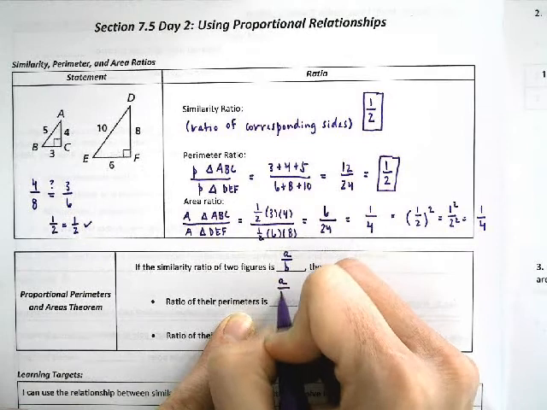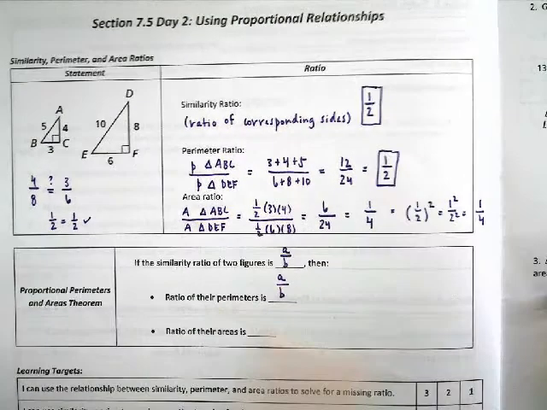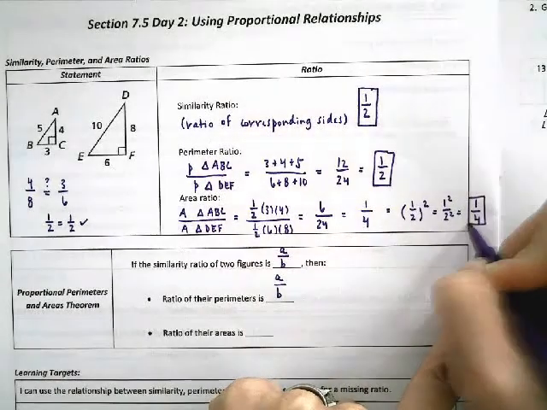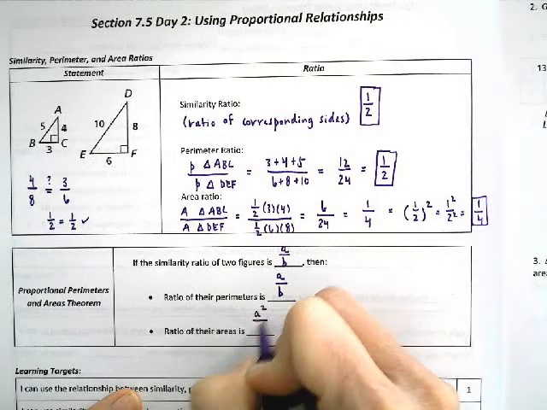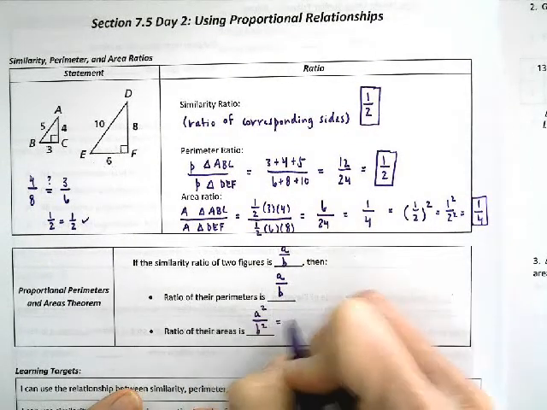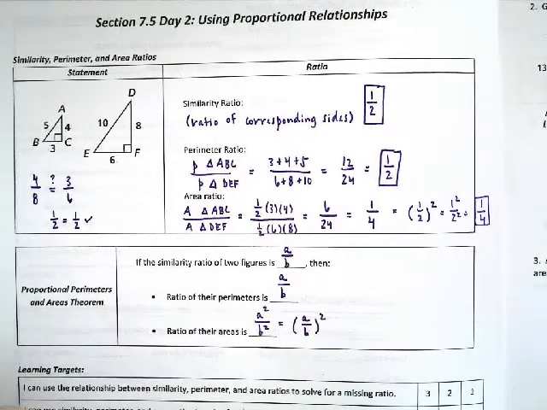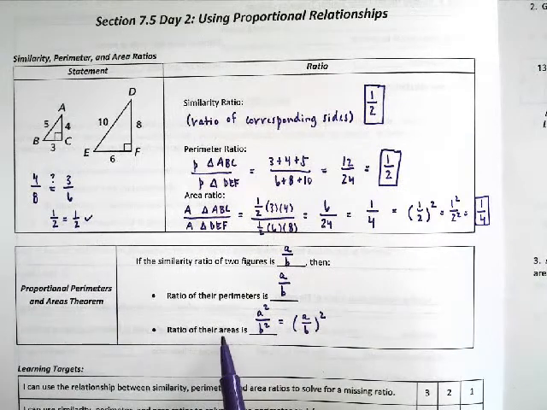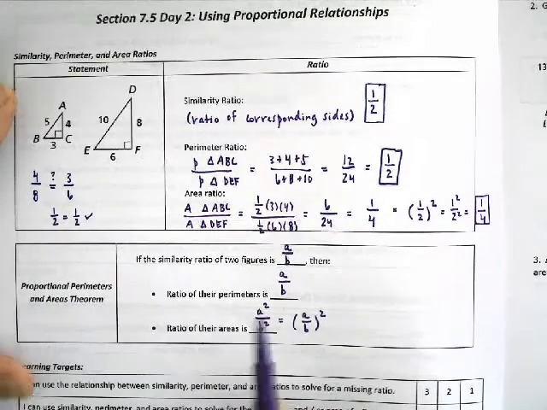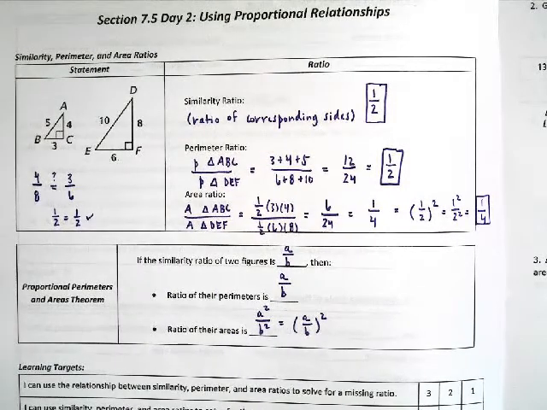So the ratio of the perimeters is also going to be A over B. And then the ratio of their areas is just going to be A squared over B squared, which is the same thing as the quantity A over B, squared. And this kind of makes sense. We know area is a squared quantity. So we're just taking that same similarity ratio, or ratio of the perimeters, and squaring it.